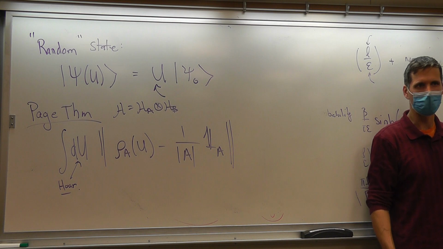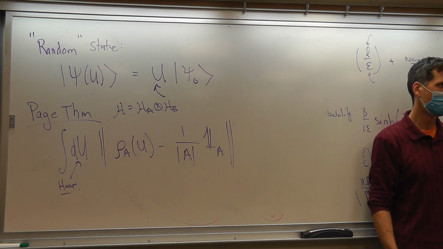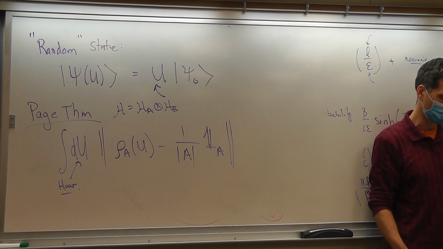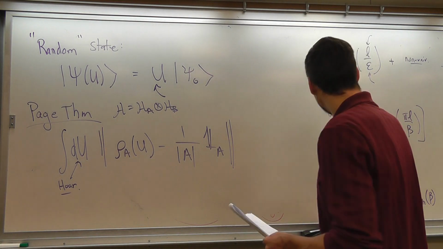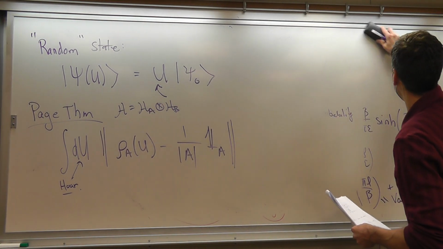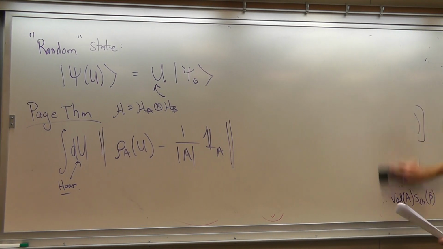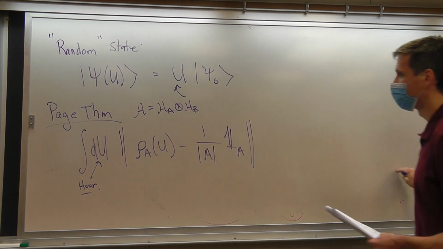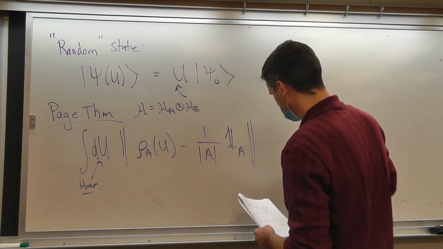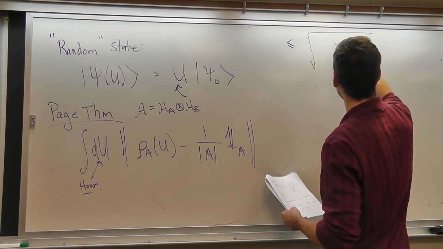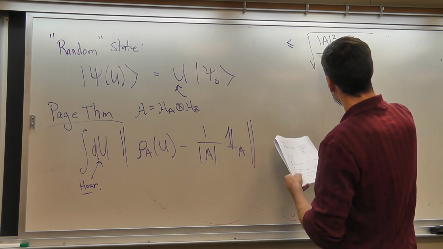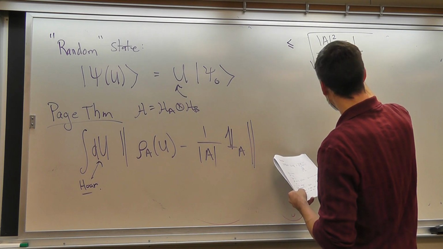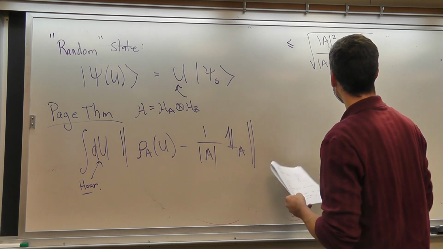I'm not going to talk about doing unitary integrals. They're fun, but it would lead us afield, so I'm just going to state the theorem. The theorem says that this is bounded above by the square root of size of A squared minus 1 over the size of A, size of B plus 1.